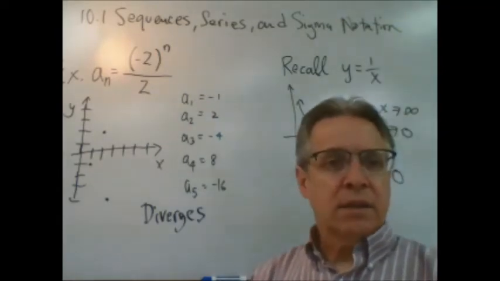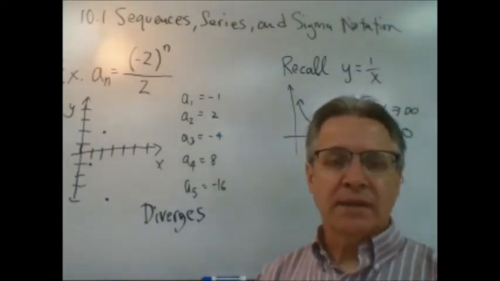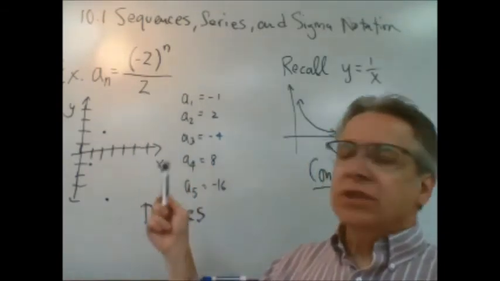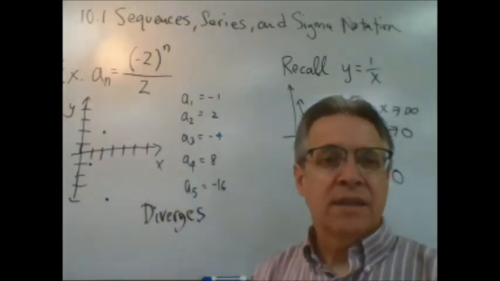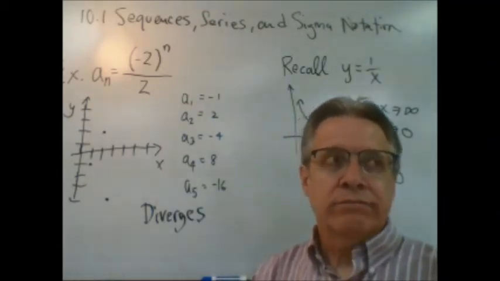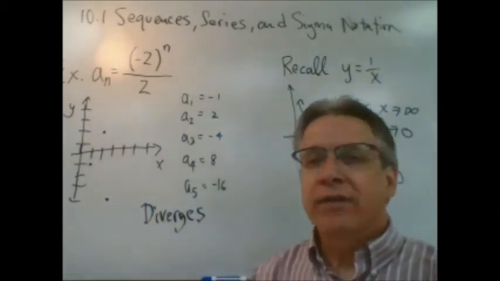It's tedious, but in some cases, you'll get a sequence that looks just like an equation, and in that case, you can put it right into your calculator and you'll see if it's converging or diverging.